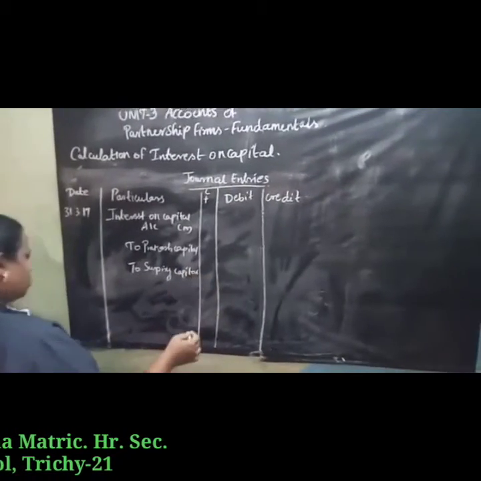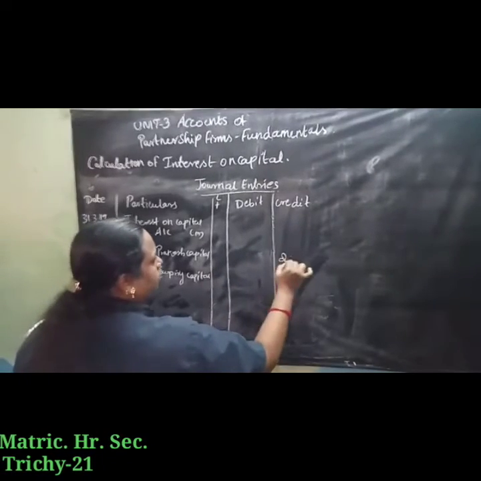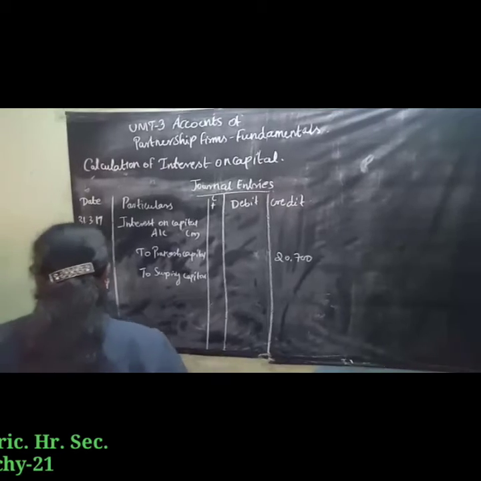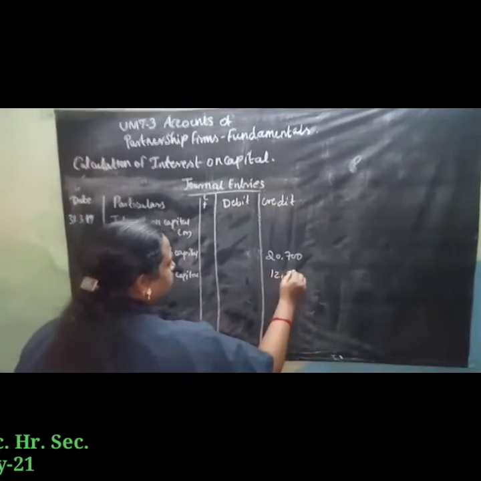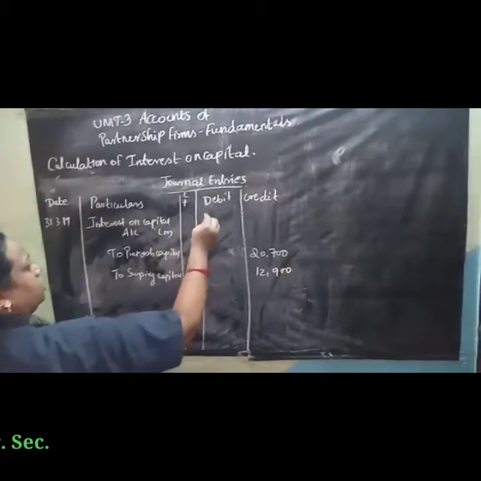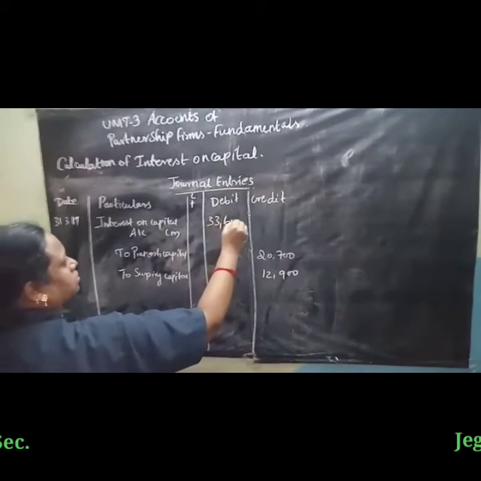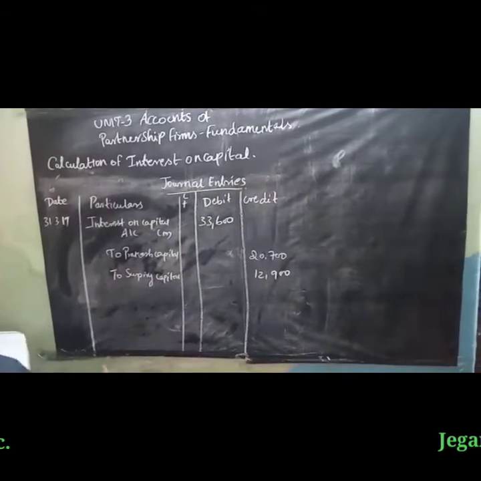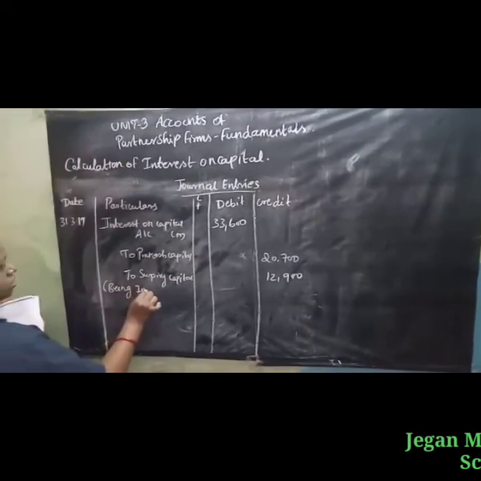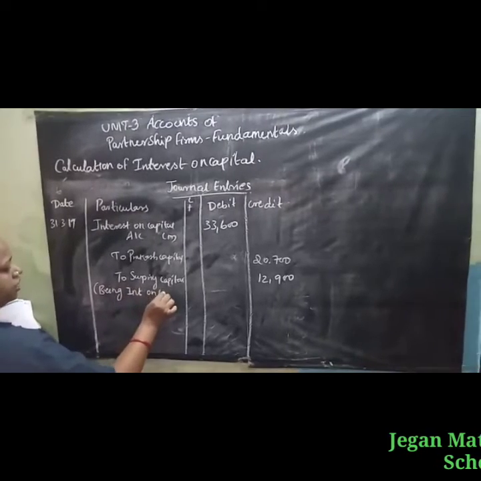So amount for Prakash 20,700, for Supriya 12,900. So total 33,600. Okay. So being interest on capital provided.